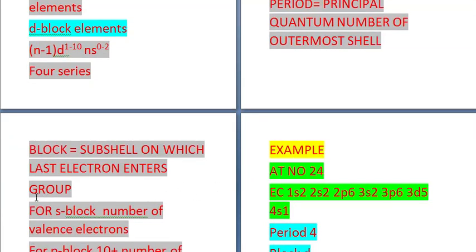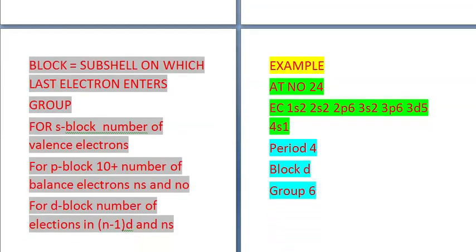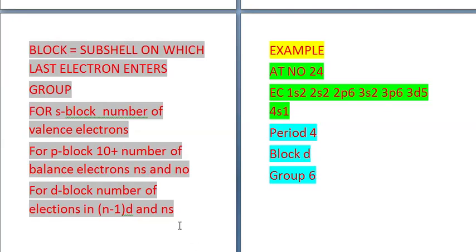And for group, the calculation is done like this: if it is s block, then depending upon whether one valence electron or 2 valence electrons are there, you will tell the group. If it is 1, it will be group 1. If it is 2, it will be group 2.